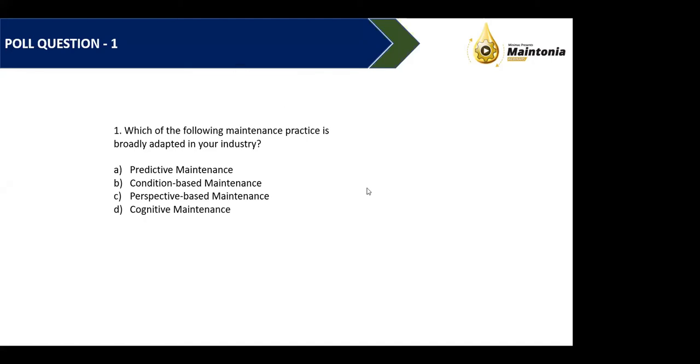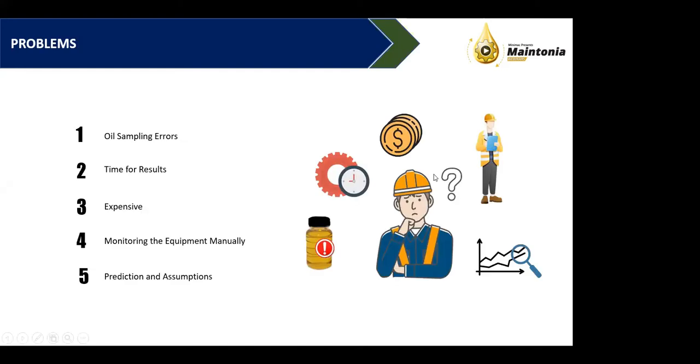And IIoT is the next generation maintenance practice, which will be much more cost-effective than this. Cost-effective and cost implication are two different aspects. So IIoT will be much more cost-effective. We will see it in upcoming slides, we will see how.